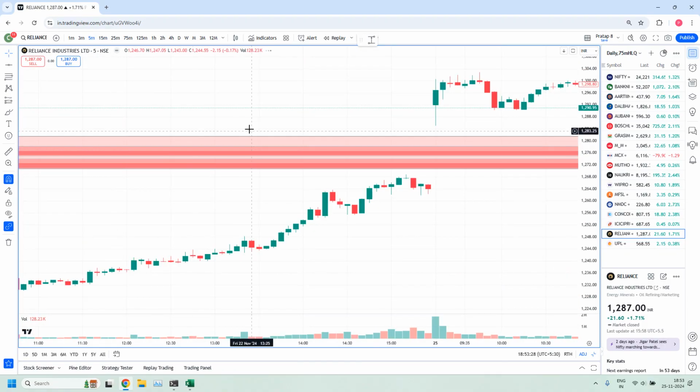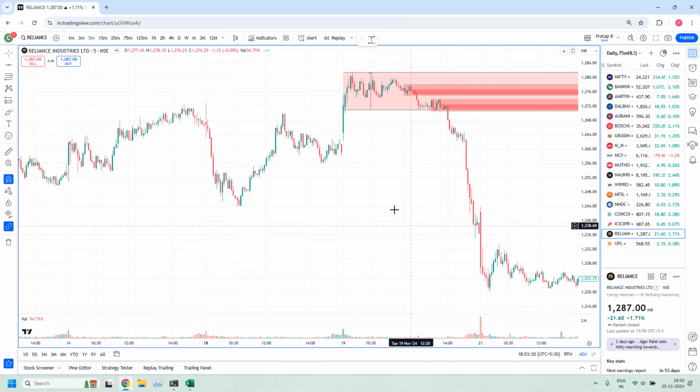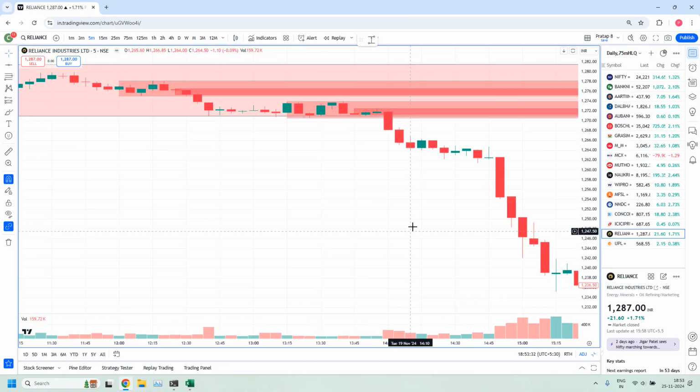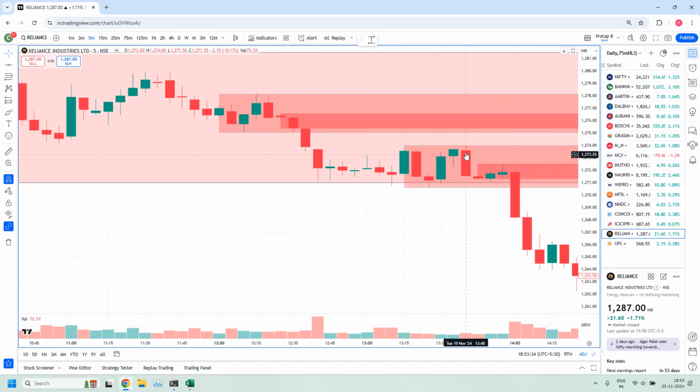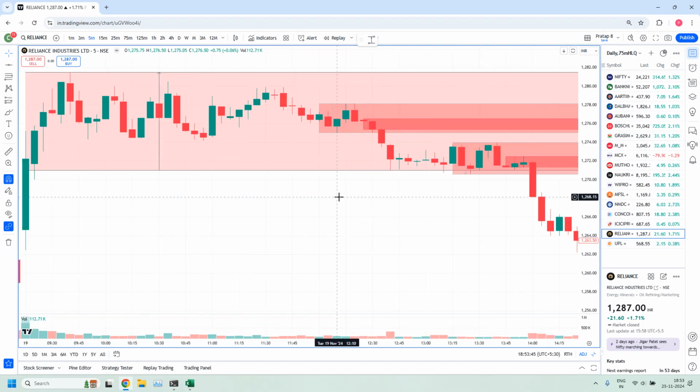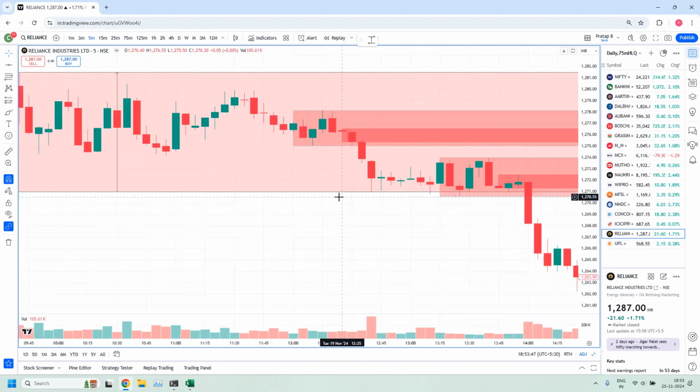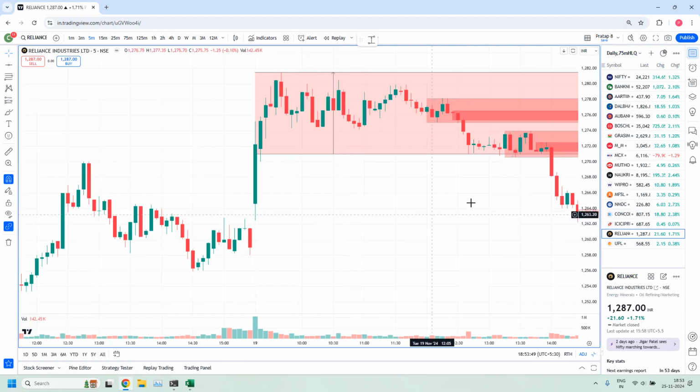If you go to the 5 minutes time frame, you have excellent structures. Drop, 3 base candles, drop. Here also you have a drop, 2 base candles and again a drop and follow through candles. So definitely one of these zones should work.